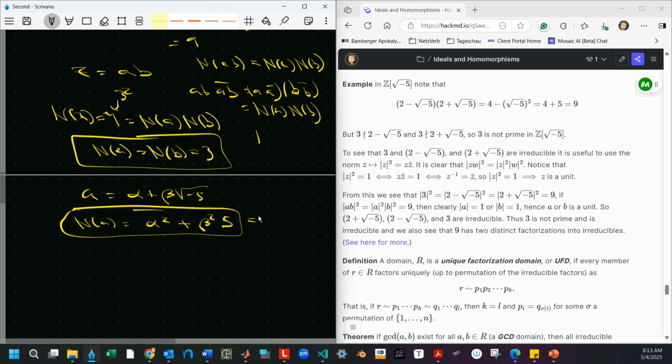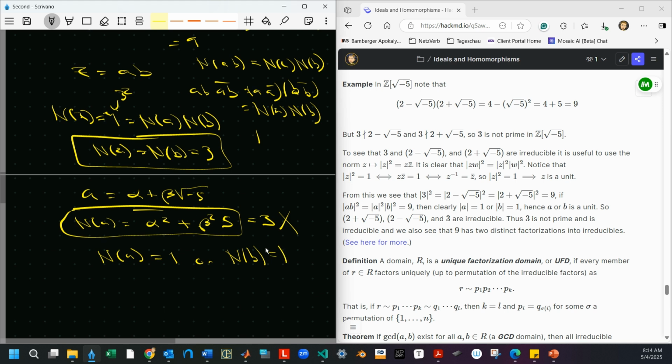And so the question is, can this possibly be 3? There's not much room. This thing clearly has to be 0, otherwise it's bigger than 5. And so beta is 0, and alpha squared can't be 3. Remember, these are just integers. So of course that's impossible. So what we actually get here is that N of A equals 1 or N of B equals 1.